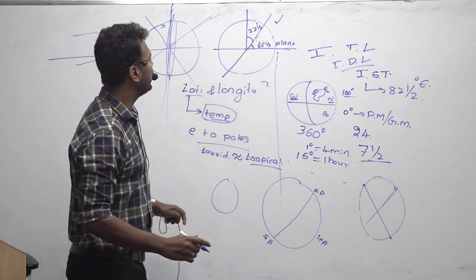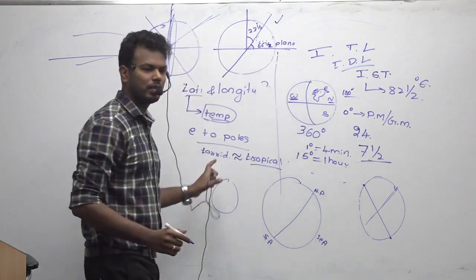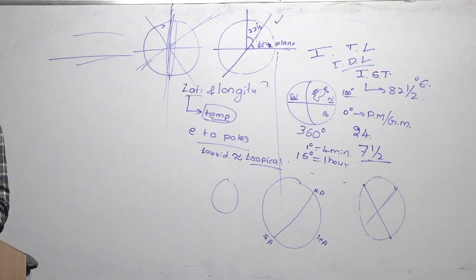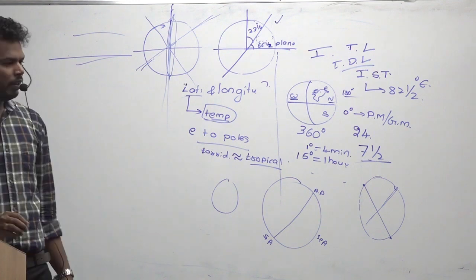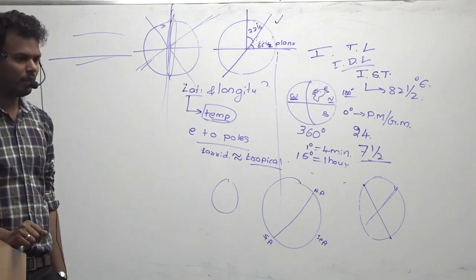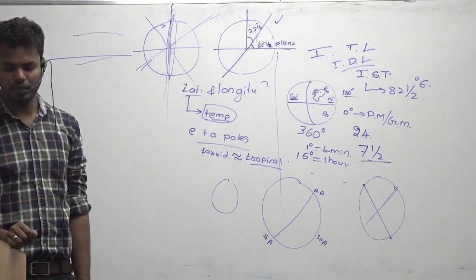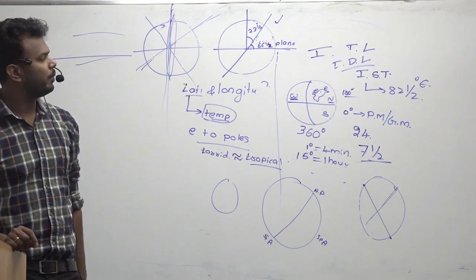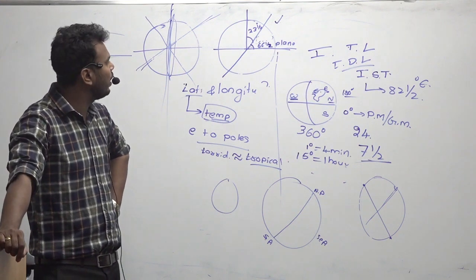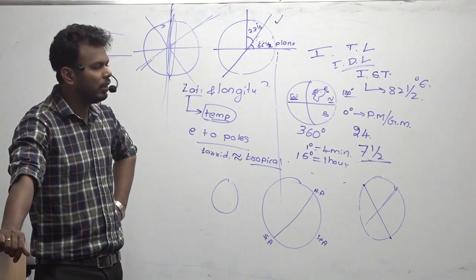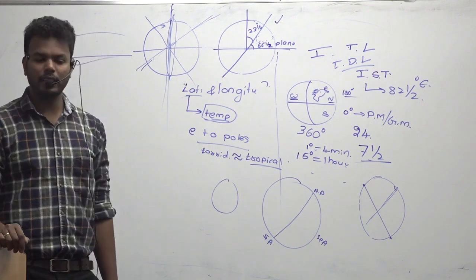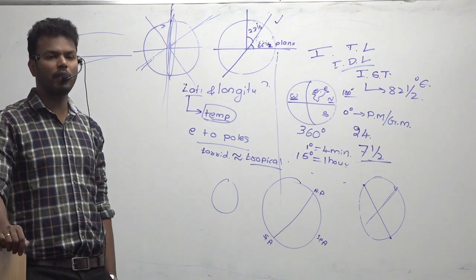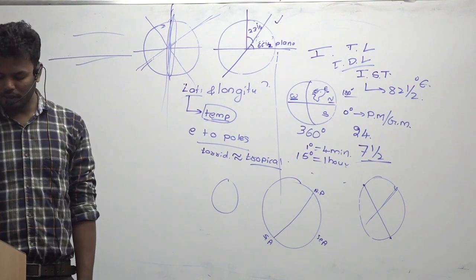So just write down: Earth's axis is tilted 23.5 degrees with the normal, and 66.5 degrees with the plane.